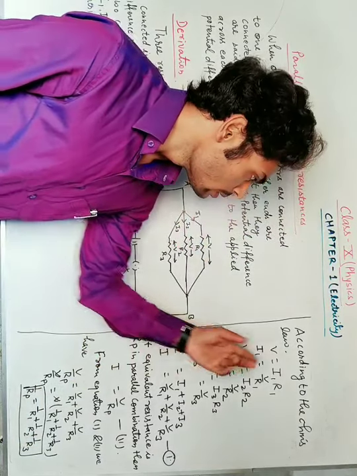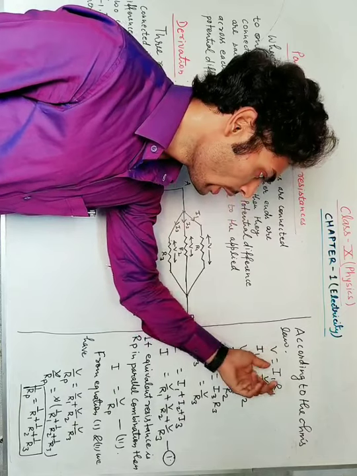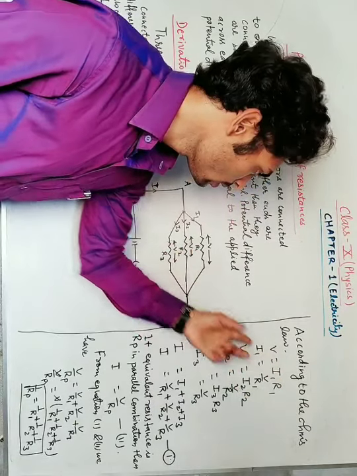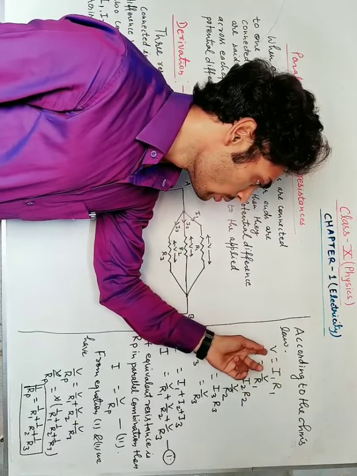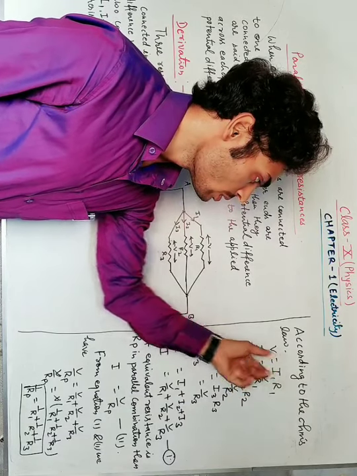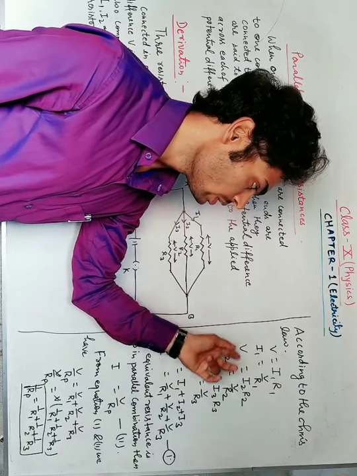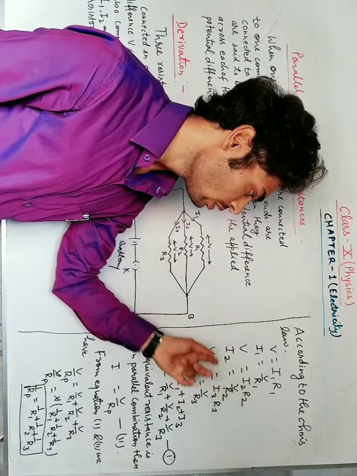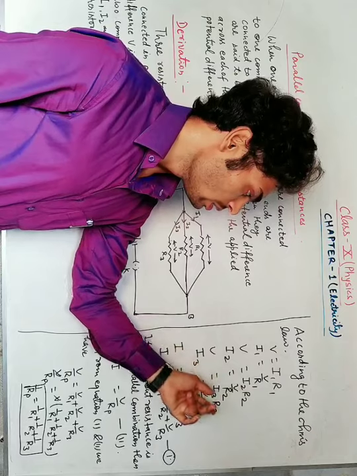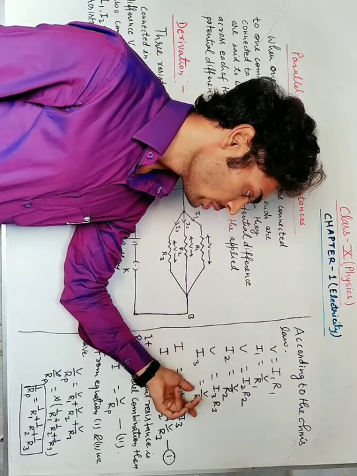I repeat again. According to Ohm's law, V equals I1 R1 across resistor R1. From this equation, I1 equals V upon R1, and V equals I2 R2, so I2 equals V upon R2, and V equals I3 R3, so I3 equals V upon R3.